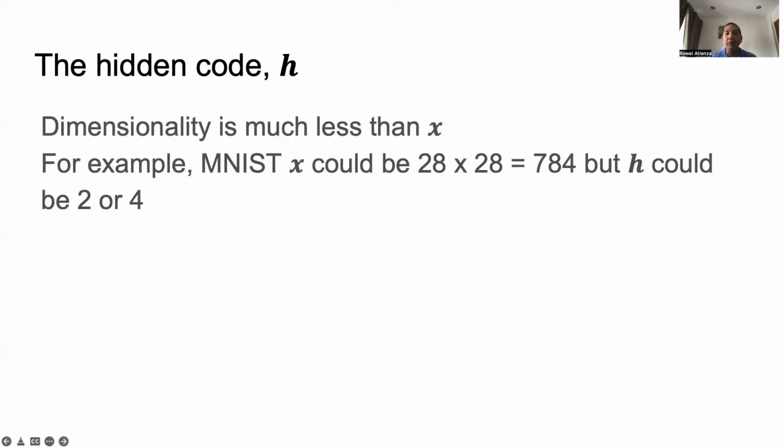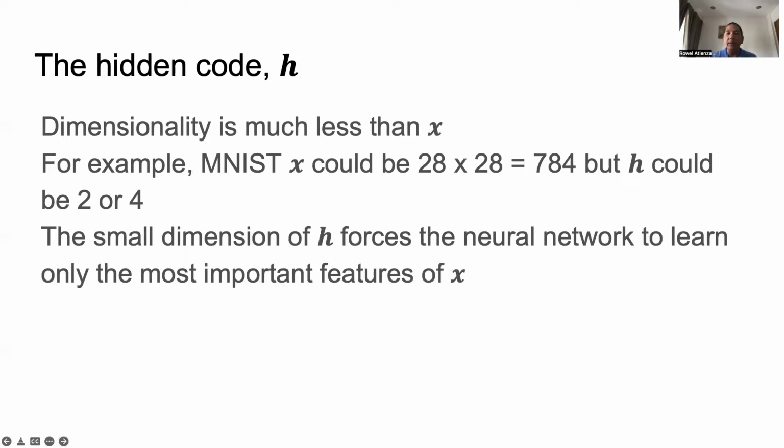For example, for the MNIST, the x is a 784 tensor. Meanwhile, it could be 2 or 4 for the case of h. With small dimension, the encoder is forced to save only the most important features about the data.